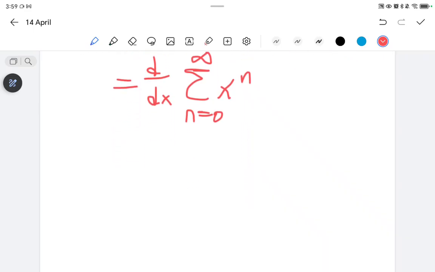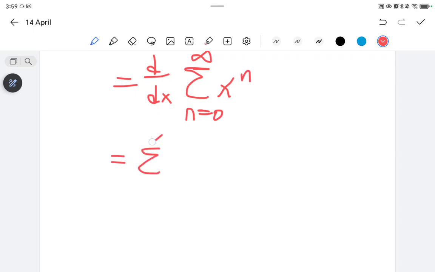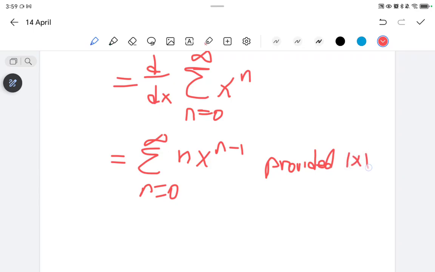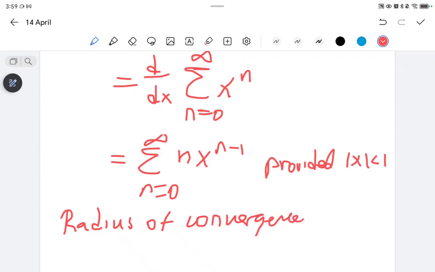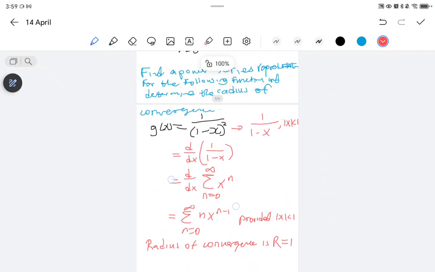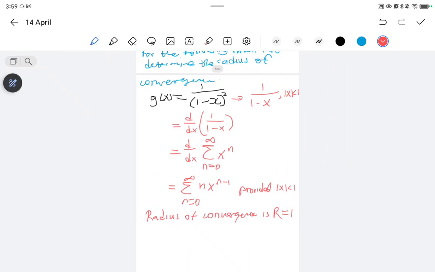So we can easily derive that x to the n. We would get n x to the n minus 1. So provided that the absolute value of x is less than 1, the radius of convergence is R equals 1. You see, right? That question is as simple as that. Any question?